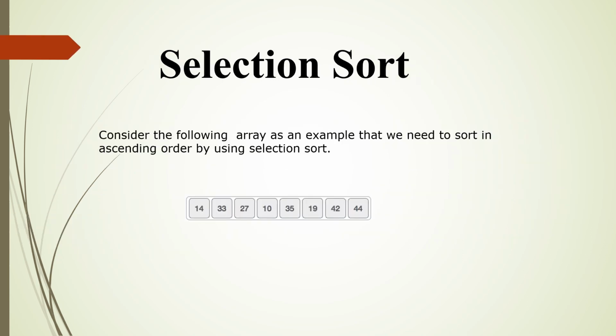Consider an example of selection sort in which we are going to sort the array list in ascending order. The elements in the array are 14, 33, 27, 10, 35, 19, 42 and 44.